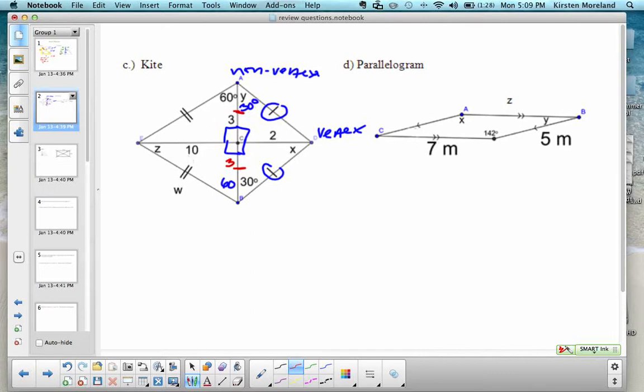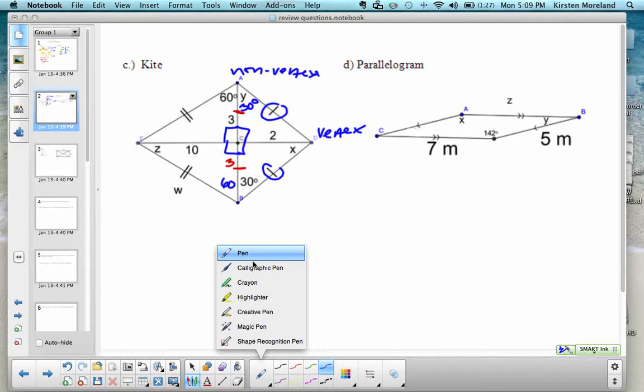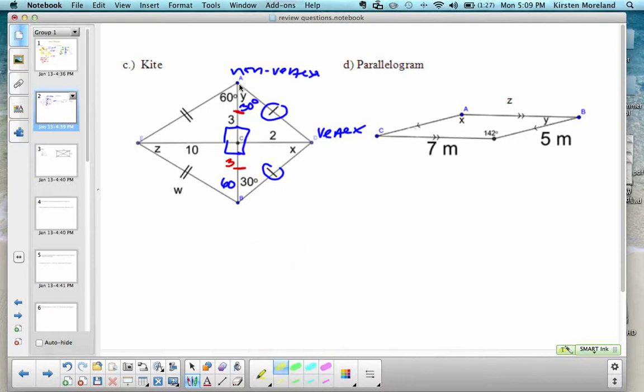The next thing we're going to start looking for is triangles. So the first triangle we're looking at is right here. So we're looking at this triangle, this one. To find x, you would do 90 plus 30, which gives you 120, so x has to be 60 because we subtract from 180.